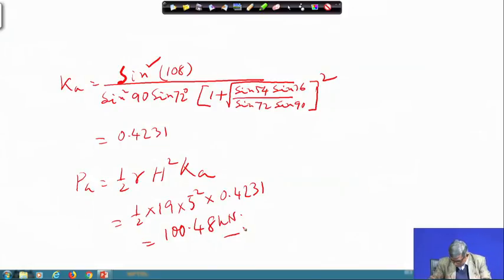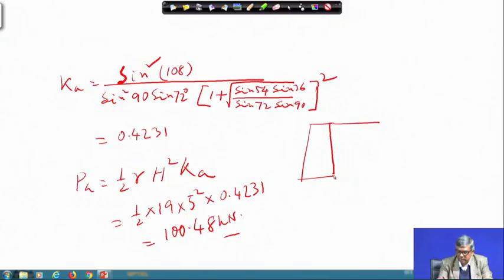And of course, this problem, if I do this, we have considered a vertical wall, and phi was 36 degrees. So, if this wall is something like this, 5 meter, and only delta is there.